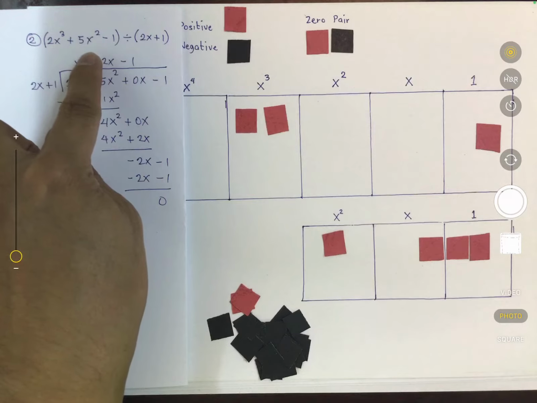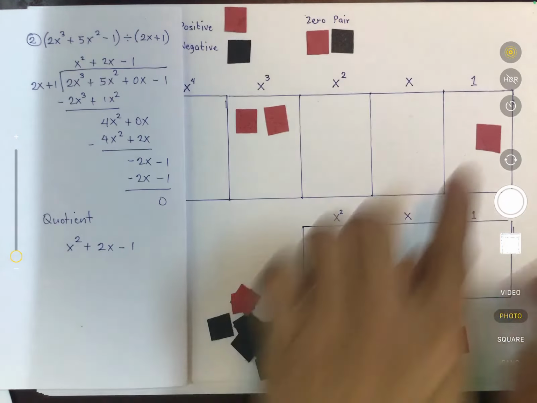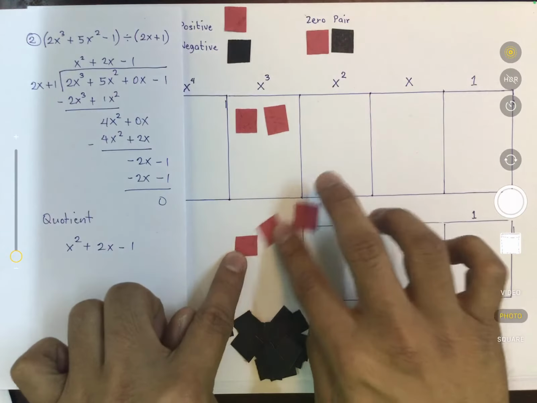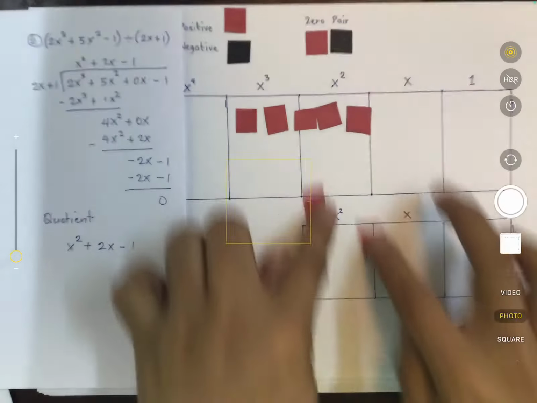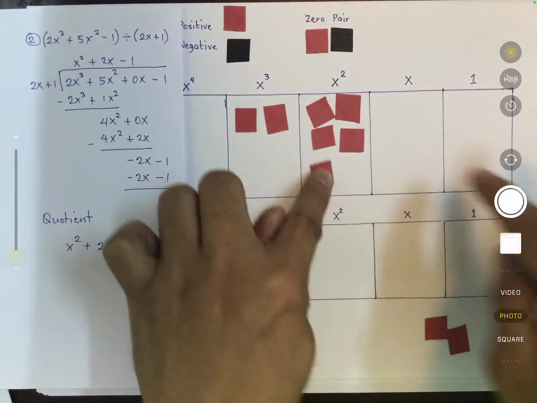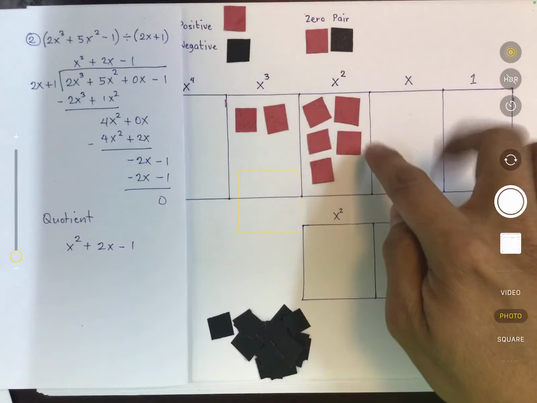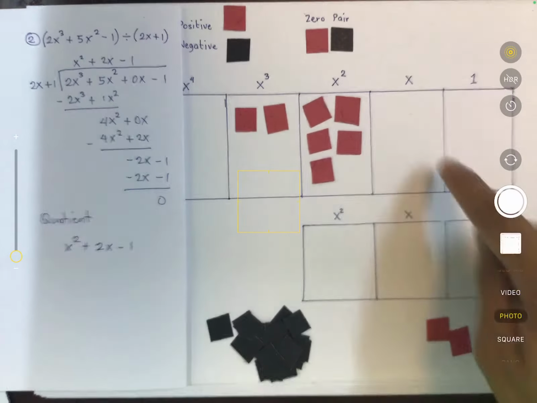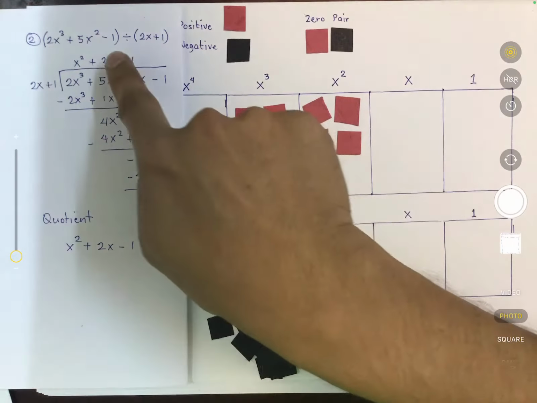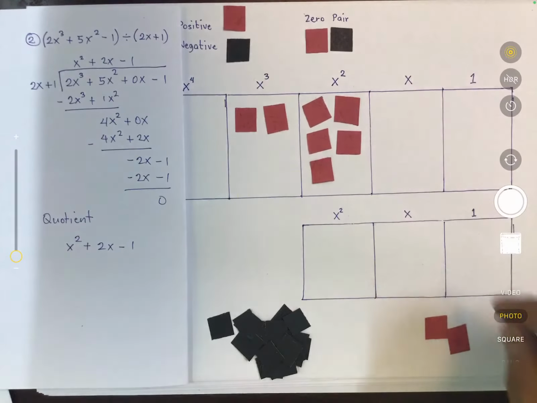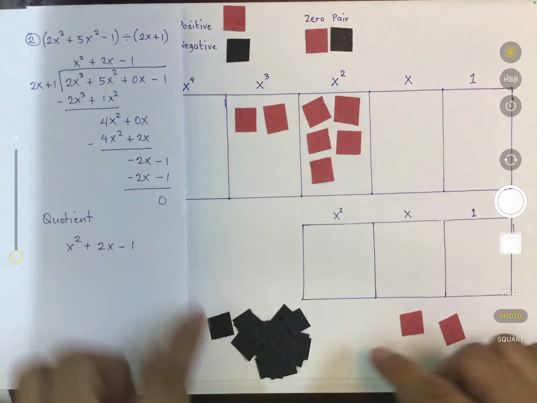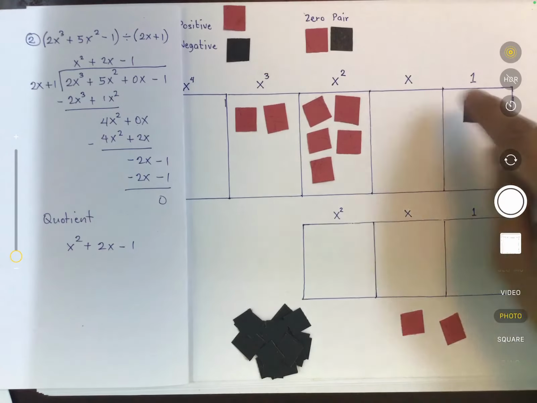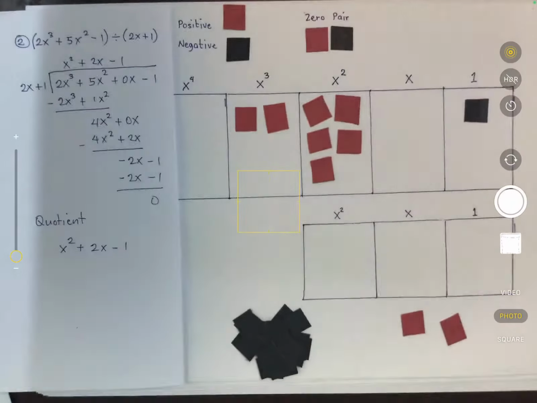Then for the 5x squared, we'll just simply put 5 tiles to represent 5x squared. Then minus 1. So that is in the constant box. Since that is negative, we will be using this black tile that represents negative.